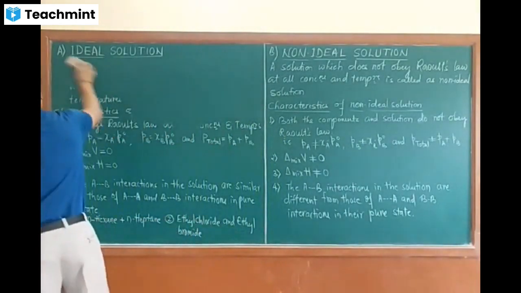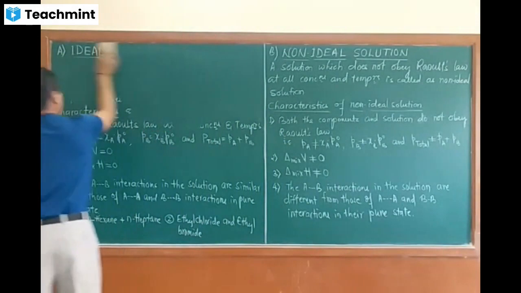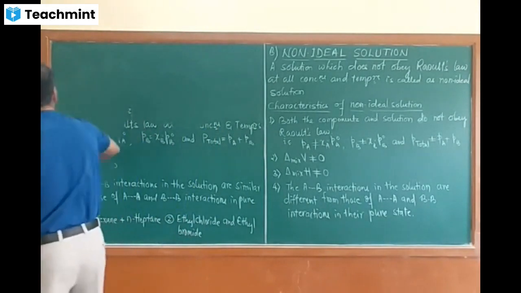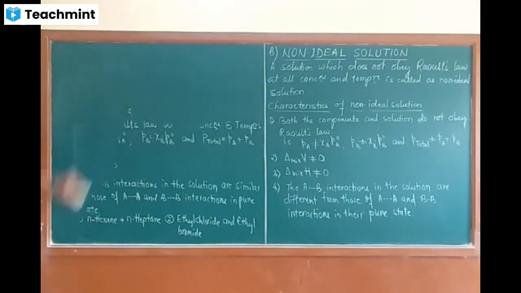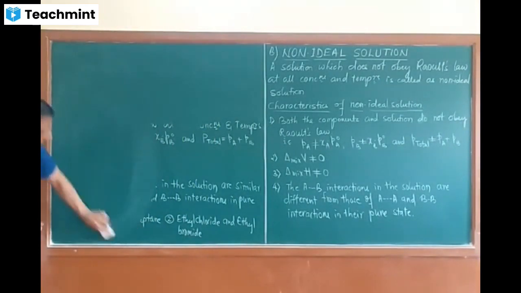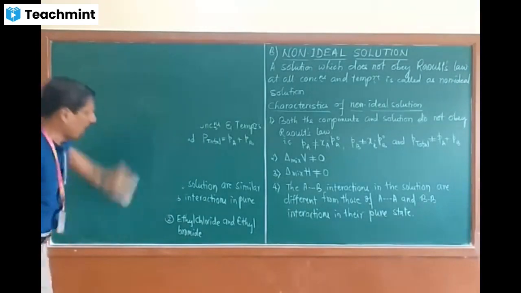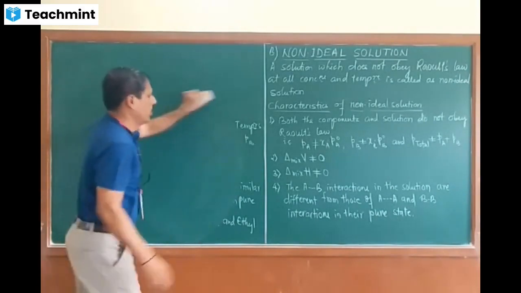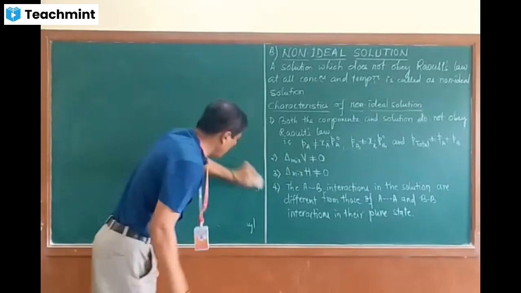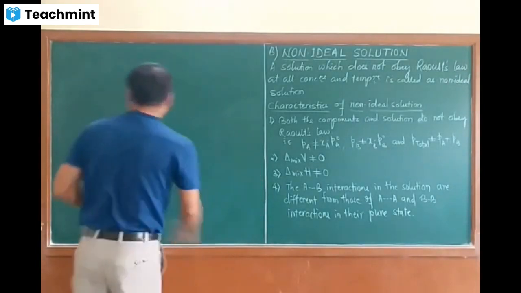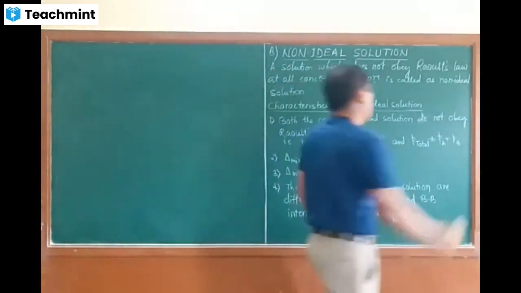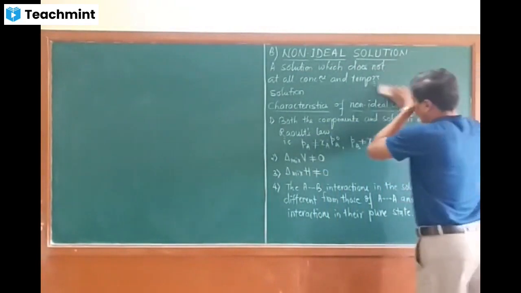See, there are two types of non-ideal solutions. One is non-ideal solution showing positive deviation from the Raoult's law, and the second one is non-ideal solution showing negative deviation from the Raoult's law.